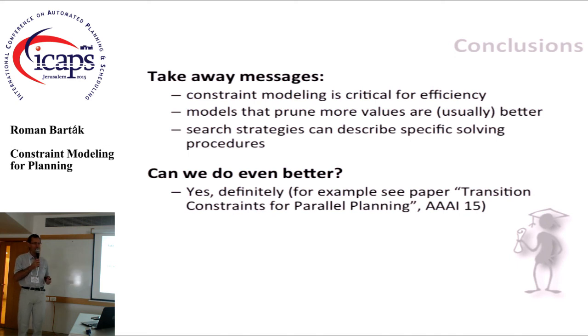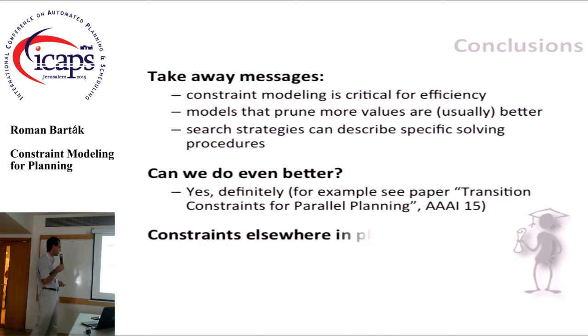What these guys did, they removed the actions and kept just the state variables. They use the Minion solver, and they have an even faster planner, comparable, I think, with FF in efficiency now. So they also removed some variables and some constraints from our model in a different way, and they actually achieved even better results than we have, right? So this is the paper from this year.